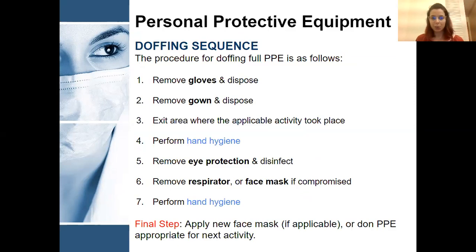The doffing sequence, which is the procedure for taking off your personal protective equipment, is to first remove your gloves and dispose, remove your gown and dispose, exit the area where the applicable activity took place, so potentially leaving the classroom, perform hand hygiene, remove your eye protection and disinfect as it is reusable, remove your respirator or face mask if it's compromised, and perform hand hygiene once again.